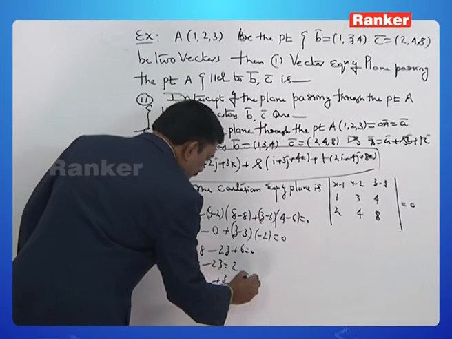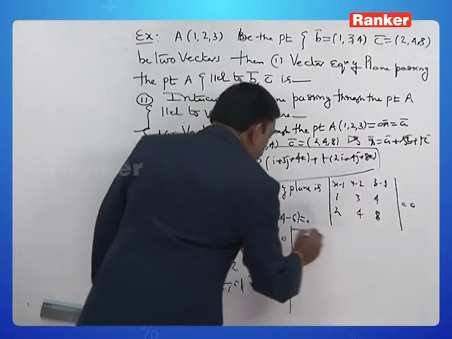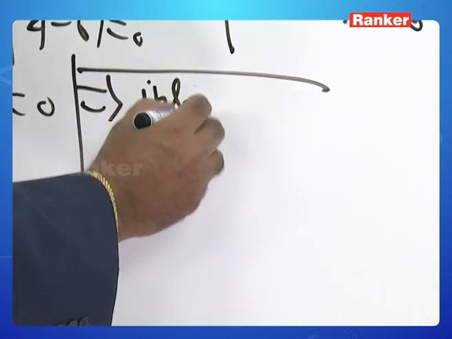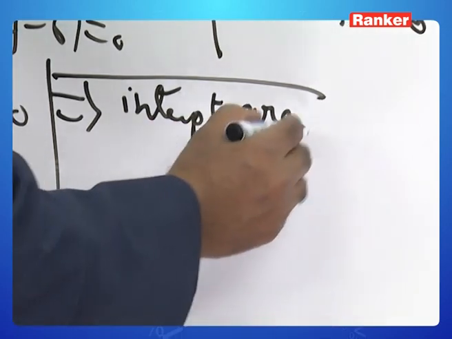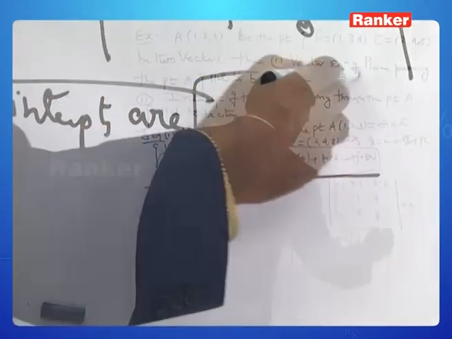Which implies the intercepts are 1 by 4, 0, minus 1.